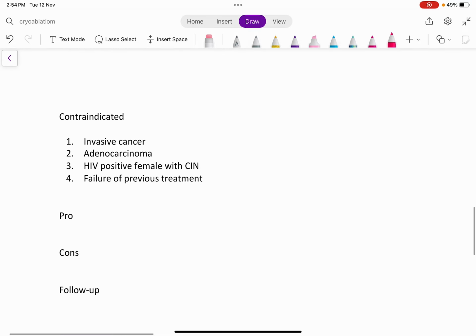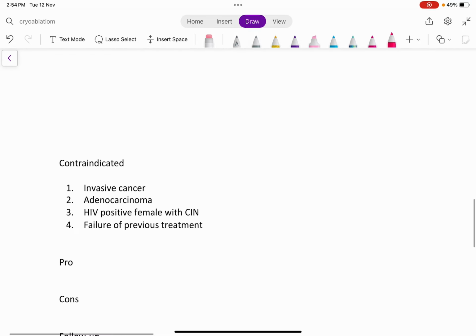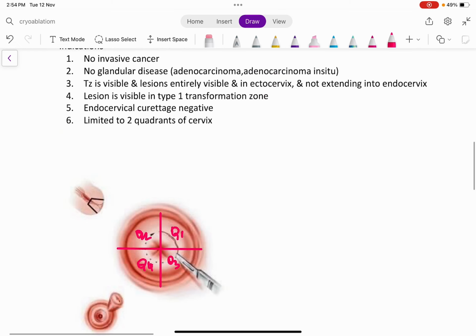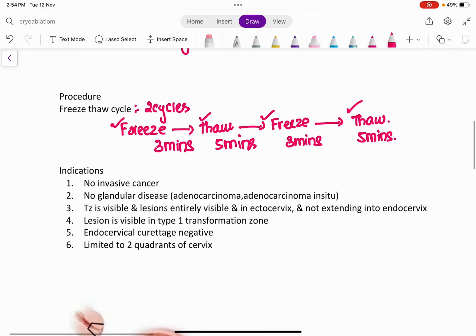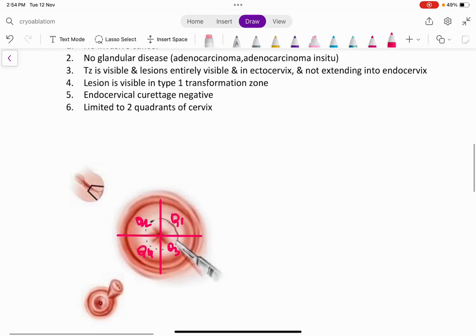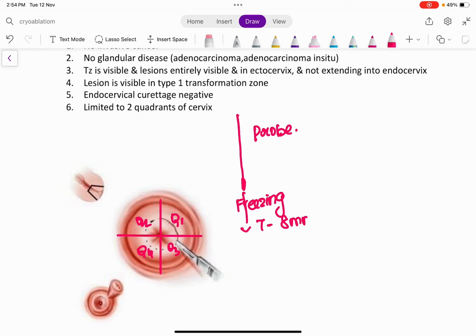Now, before discussing the indications, let me tell you one thing. Let's take an example that this is the probe. This probe is going to cause freezing of the cervical tissue about 7 to 8 millimeter distal to the probe.